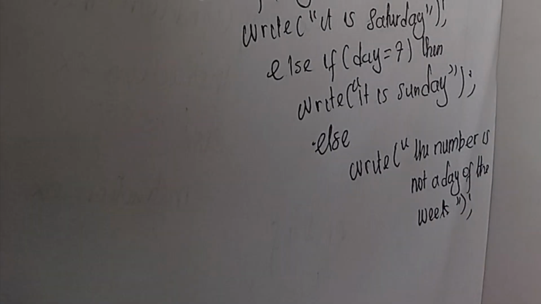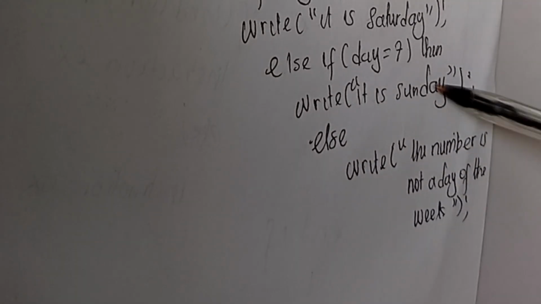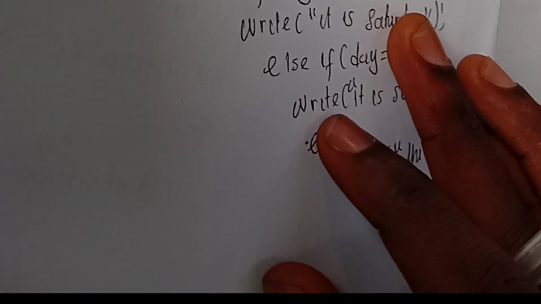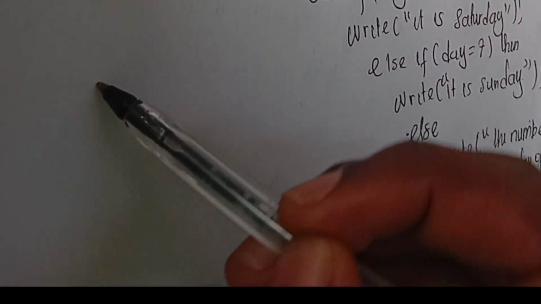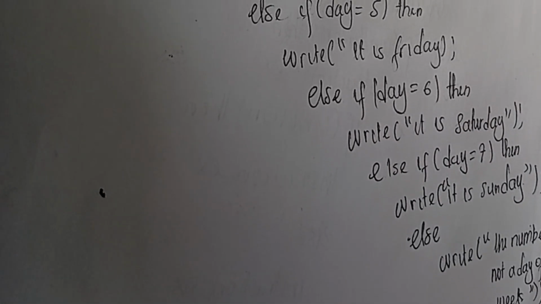So this is just like maybe the user tries to enter 8 or something. So if it is not amongst the range 1 to 7, then it is not a day of the week unless your week has more than 7 days. But mine don't, so my algorithm would just do that. And we want to end the if statement.